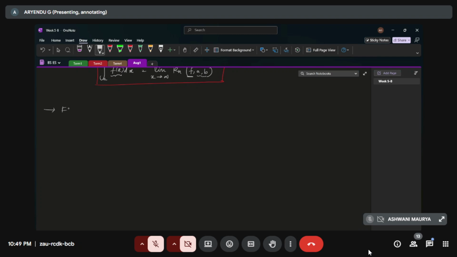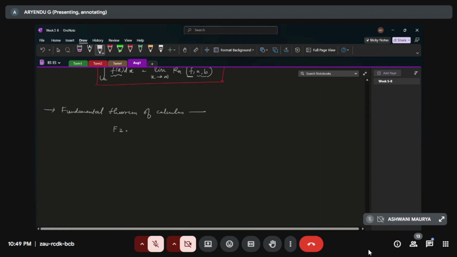And then we have the fundamental theorem of calculus, which tells us that capital F is the antiderivative of the function f.